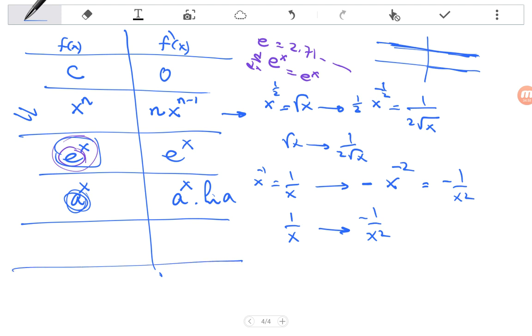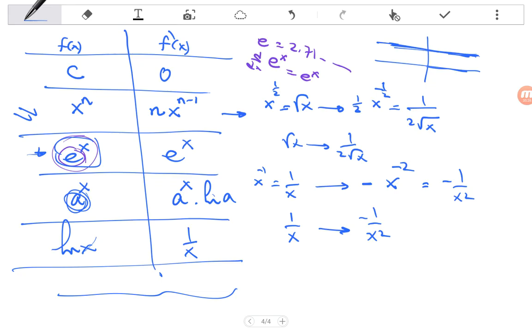Okay? Now there is also another function, ln, which is the inverse of the exponential. So what is the derivative of ln x? It is 1 over x. The derivative of ln x is just 1 over x. Okay? So these are the basic functions that are memorized for the table of differentiation.